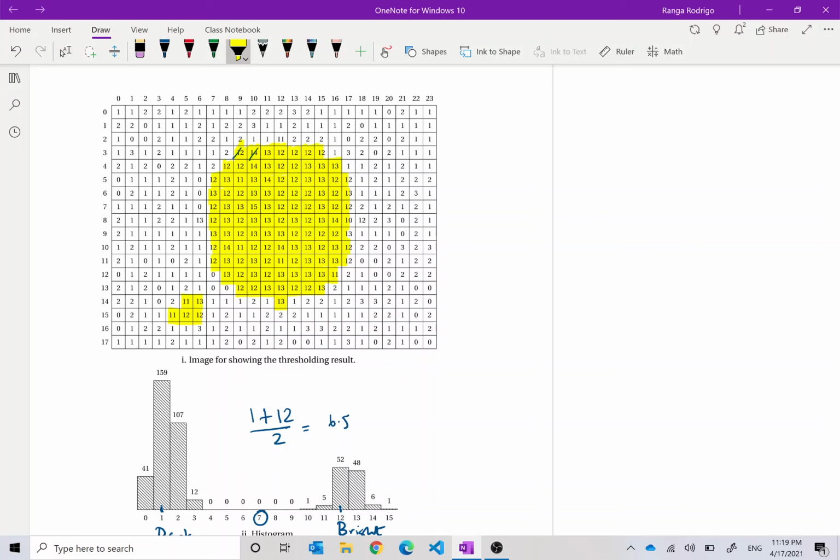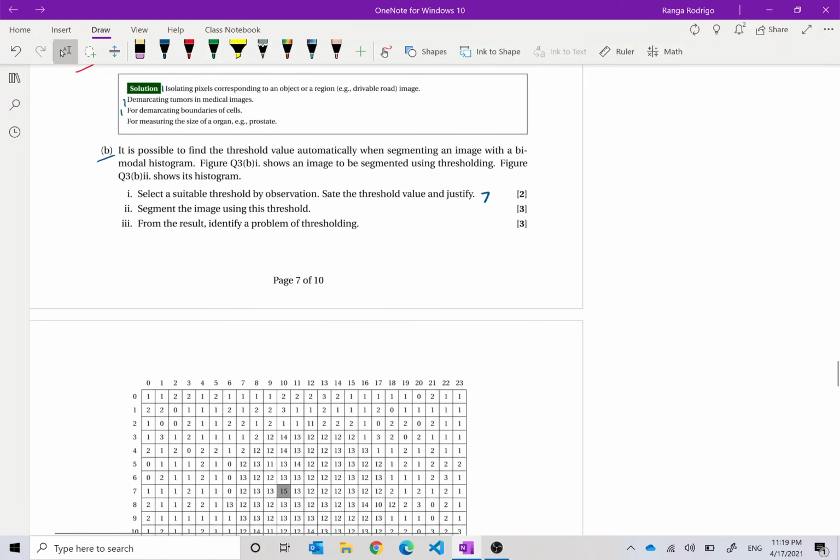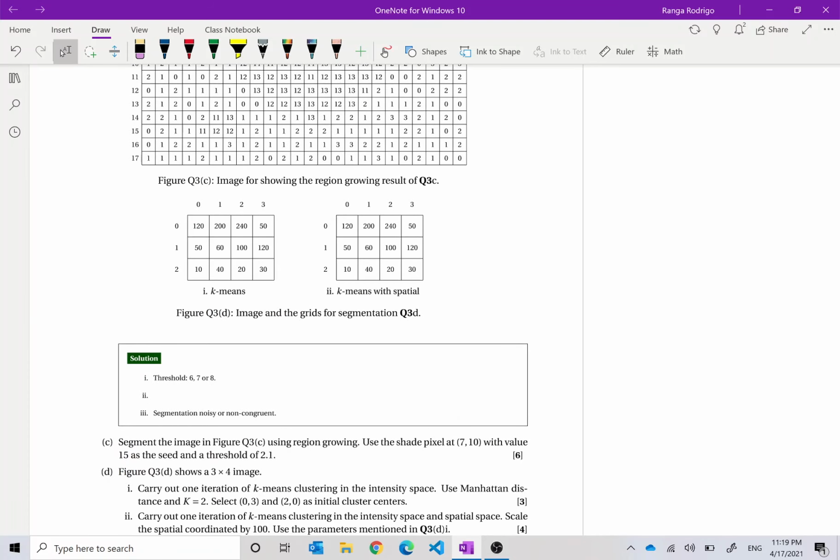The problem is non-contiguous regions get segmented. I accepted 6, 7 or 8 as the answer for the threshold, and that the segmentation is noisy or non-contiguous. Some answer like that is acceptable.